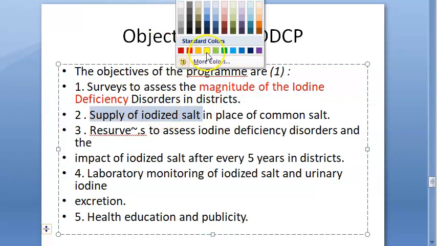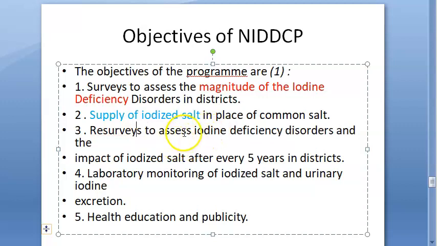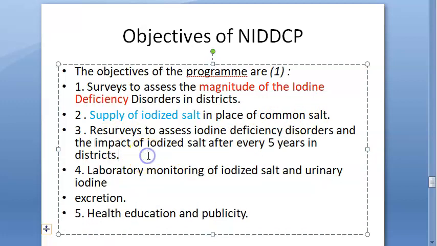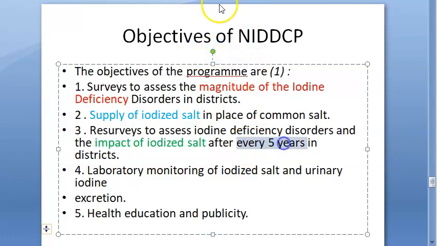Then resurveys to assess the iodine deficiency disorders and the impact of iodized salt. Every 5 years you will go and check, was there any improvement? So you will do resurvey.